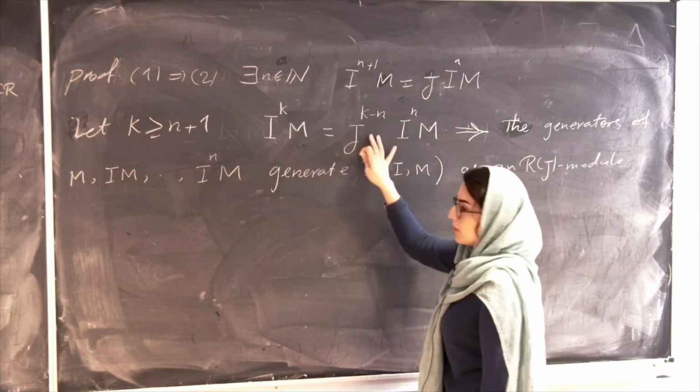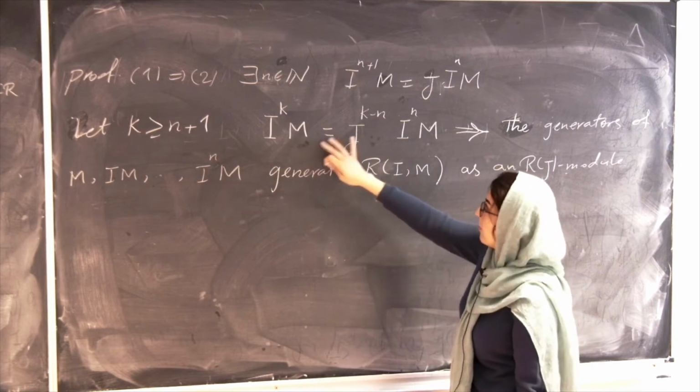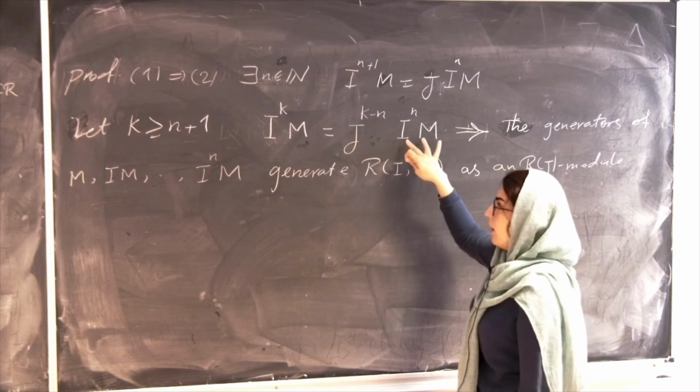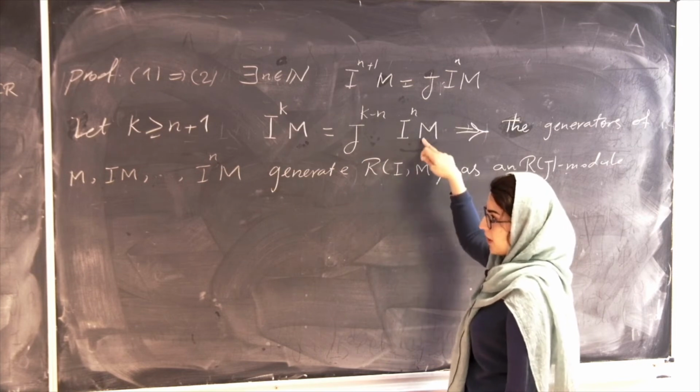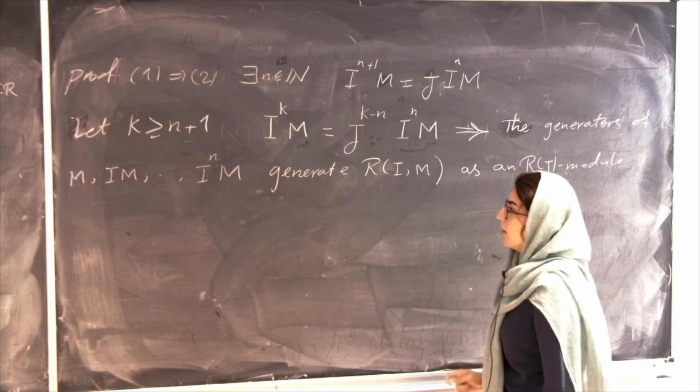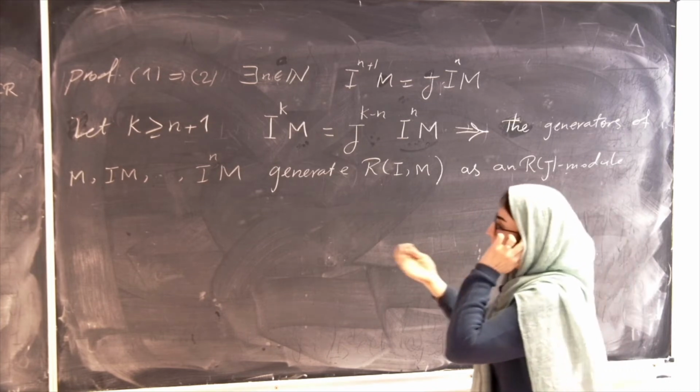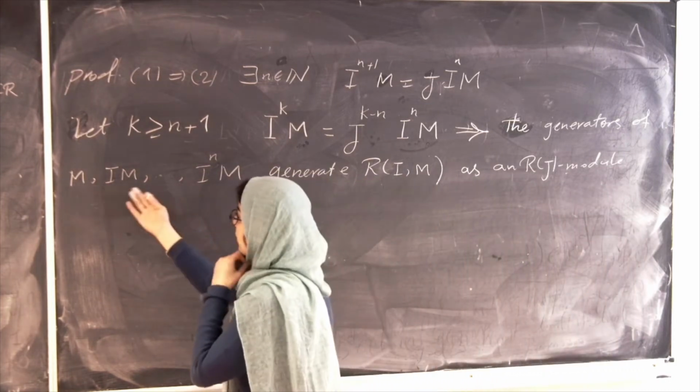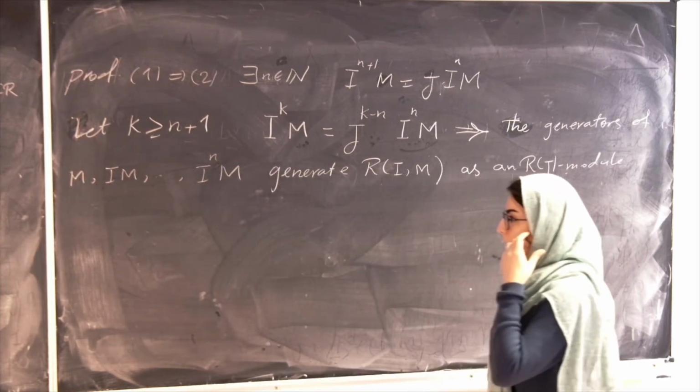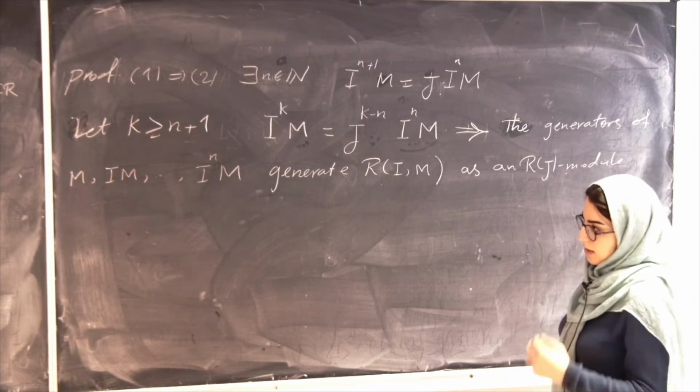Because as you see from this equality, the higher degrees can be explained in terms of the nth degree elements. And because all of these submodules are finitely generated, we have a finite generating set for the Rees module.